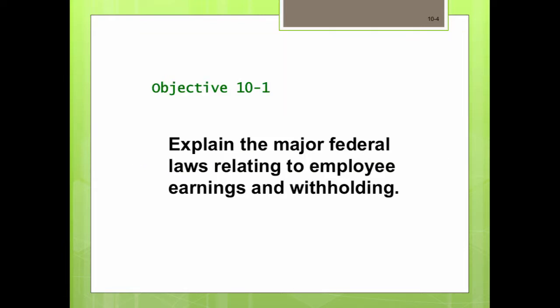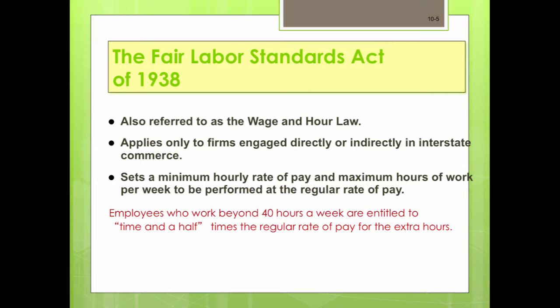Like I said, we will cover in this objective the major federal laws. Let's continue by explaining the very first one, which is the most significant law, the Fair Labor Standards Act, sometimes referred to as the Wage and Hour Law. The law applies to firms engaged directly or indirectly in interstate commerce.